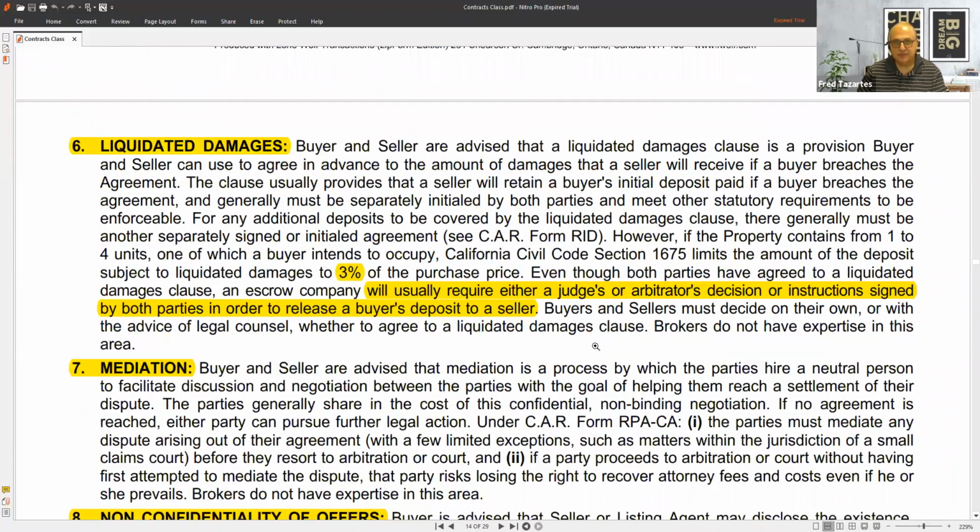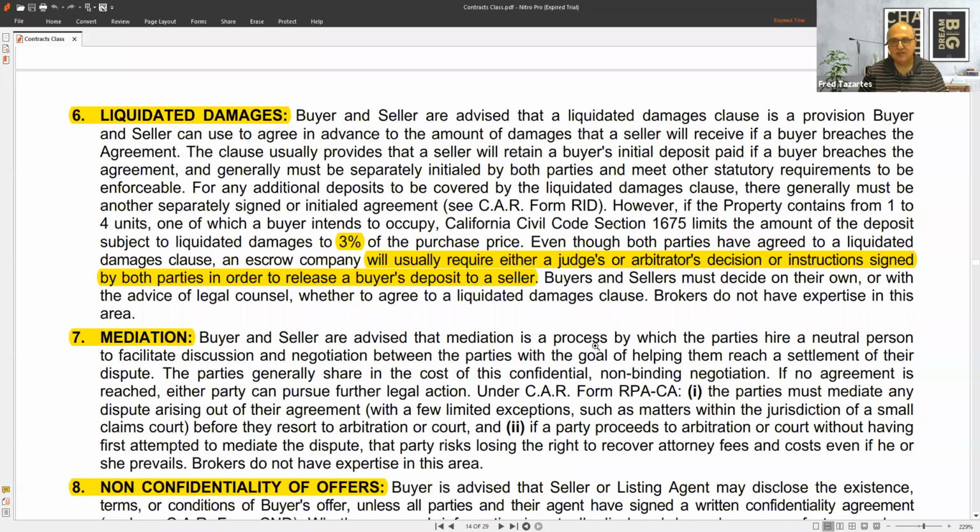Liquidated damages. Liquidated damages is, again, an optional signature in the contract. What liquidated damages is, if everyone agrees to it, if for some reason the buyer is not able to perform and they remove their contingencies, the seller is entitled to up to 3% of the purchase price or the lesser amount of what's in your EMD.